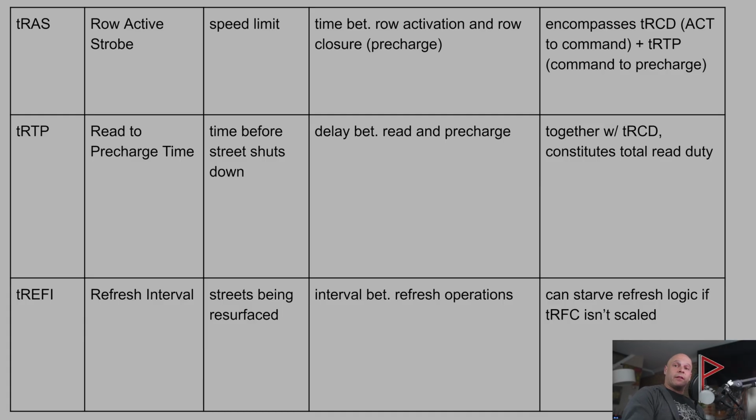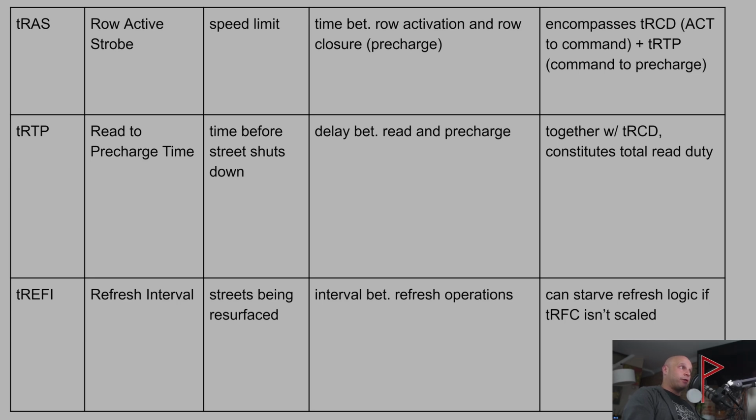Now, we got a little bit of math here, and it's kind of interesting, because these timings, you could say, are independent of each other, right? But there are some little formulas, like take, say, tRAS. In theory, what are we talking about?